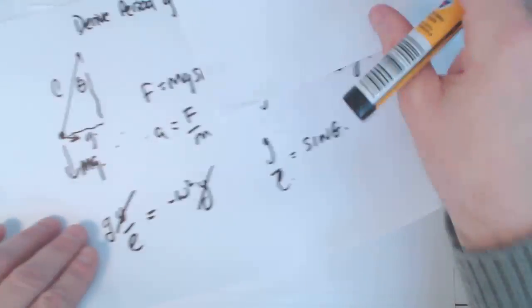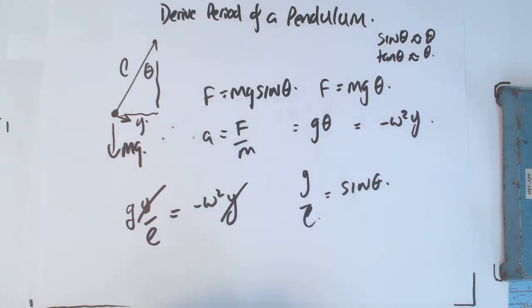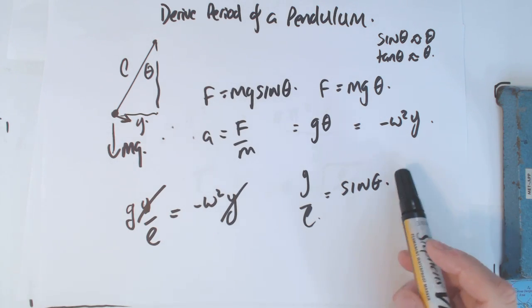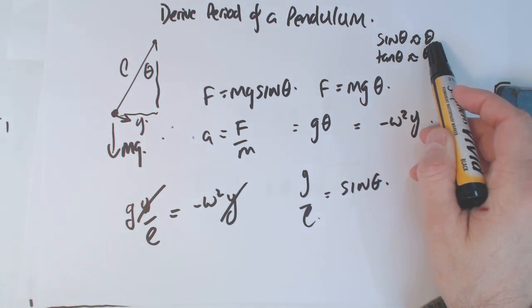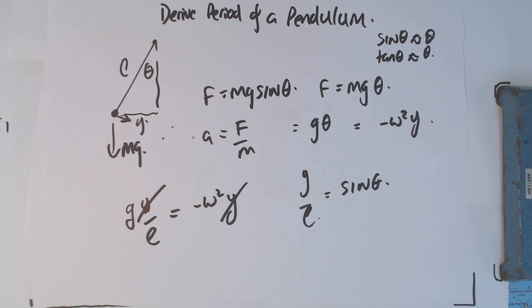Going back to where we started with all this, we've ended up with that formula. What assumptions did we make? We made the approximation that the sine of theta was equal to theta, so we were able to take our sine and get rid of it.